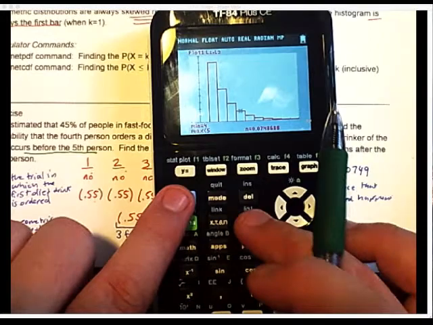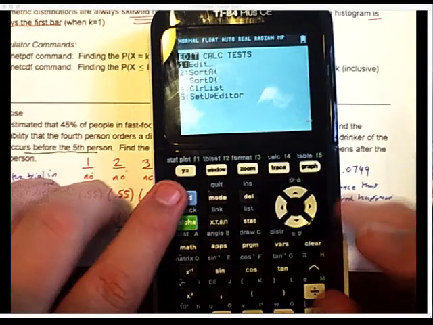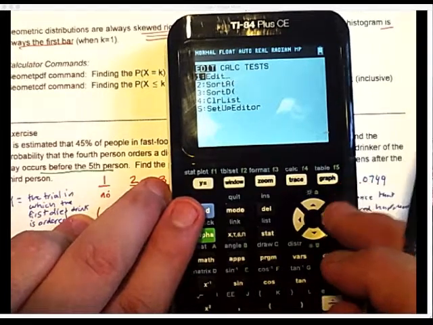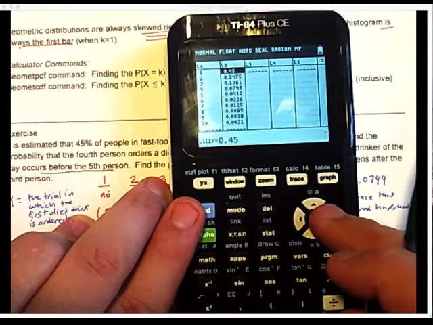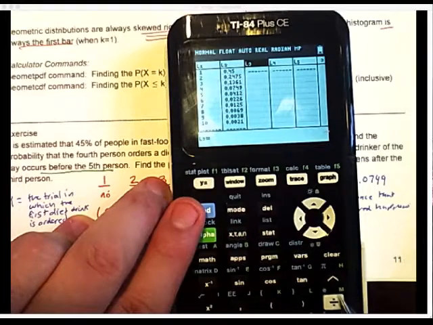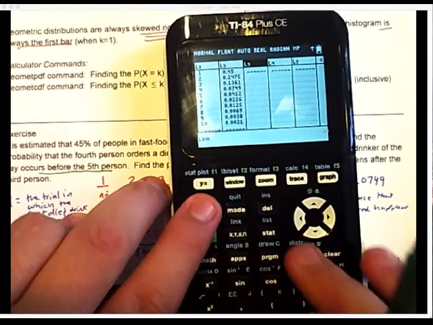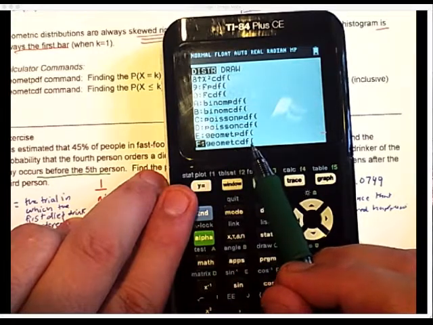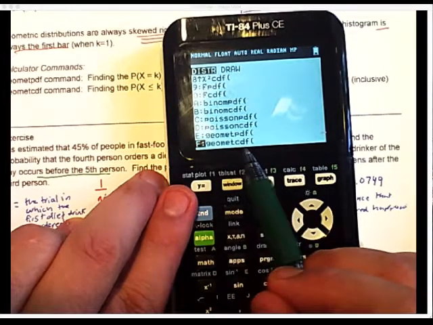Okay. Or there's another way. Just like there's a binomial CDF, there's also a geometric CDF. So if I go under my list here, on list 3, if I go under my distributions, there's this thing, letter F is called geometric CDF, which stands for cumulative.